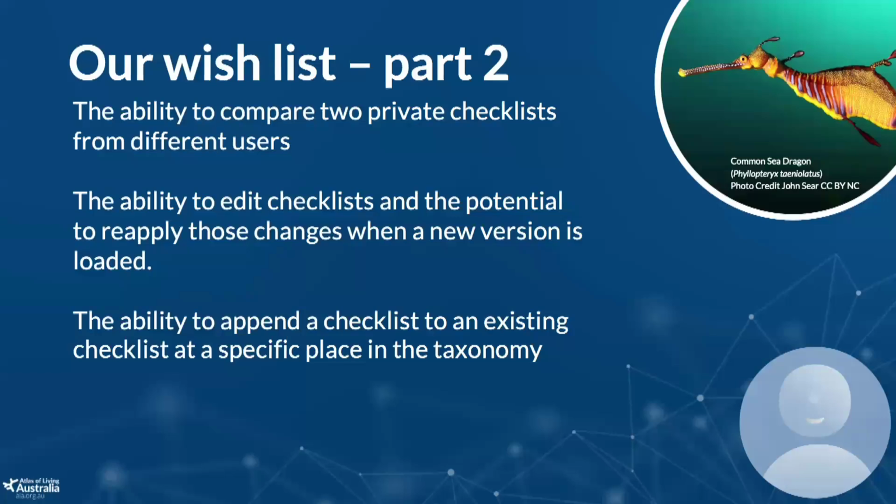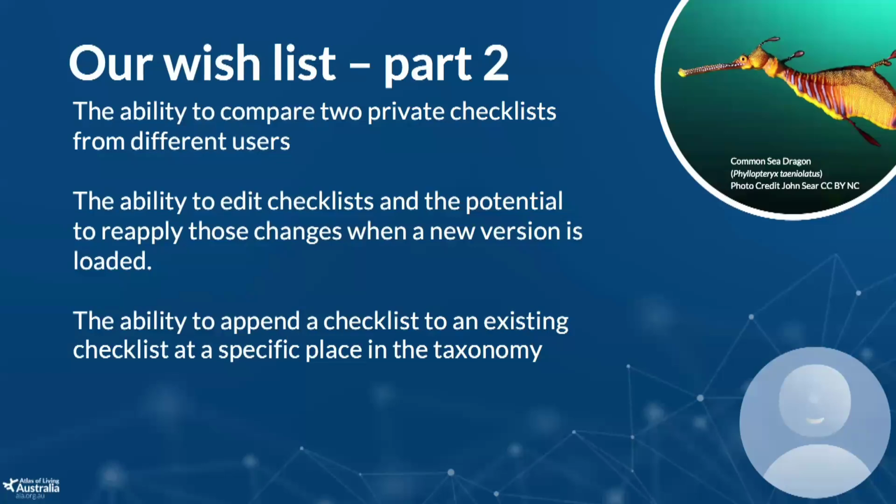Being able to add species directly into the appropriate place in a checklist or make edits to names would make the entire process that much easier to manage. It would be even better if those changes could be tracked to both document the changes, but also potentially using them to check for those changes when a new version of the checklist is uploaded.